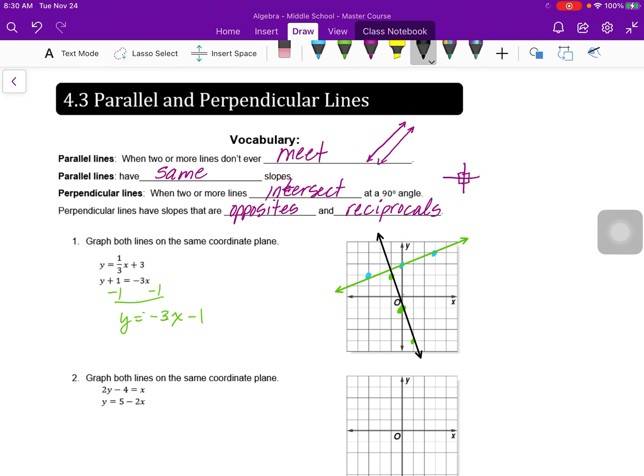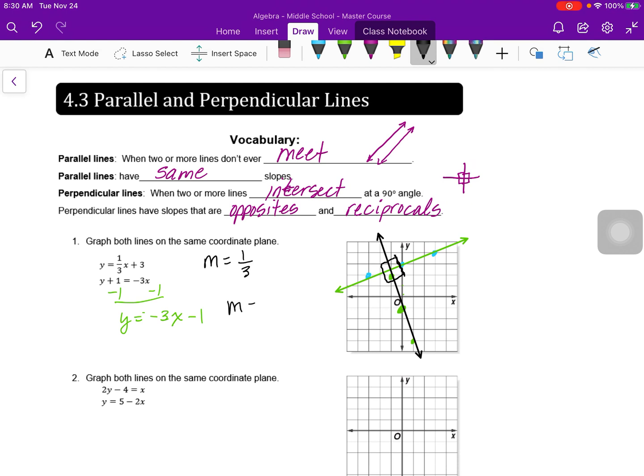Okay, and let's talk about these two lines. Just looking at them, it looks like they might be perpendicular. So I'm looking at this section right here. Make sure that you're not just using your naked eye because sometimes it can be a little deceiving. I want to make sure that I actually check: are the slopes opposite reciprocals? In the first equation, I have a slope that is 1/3.